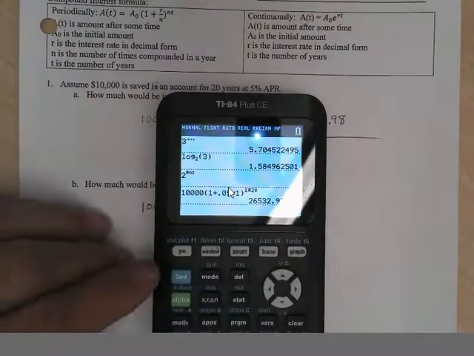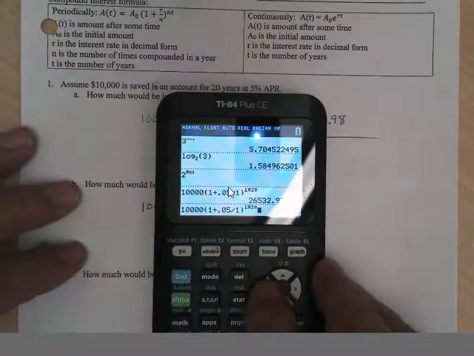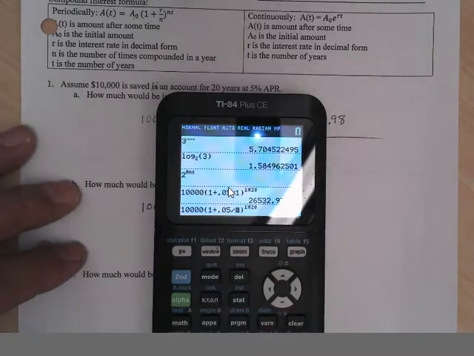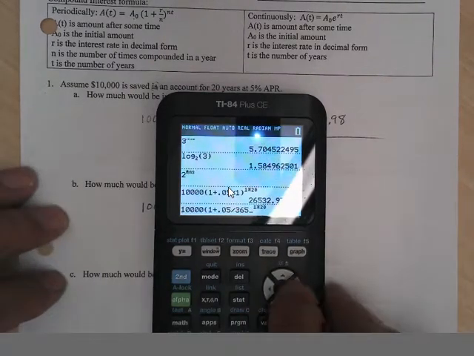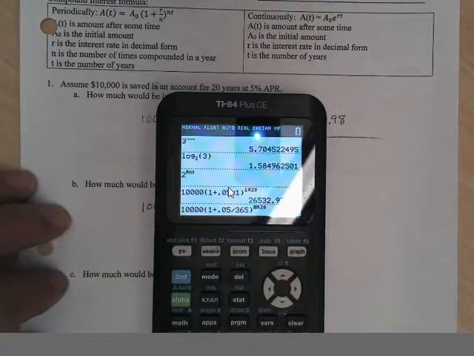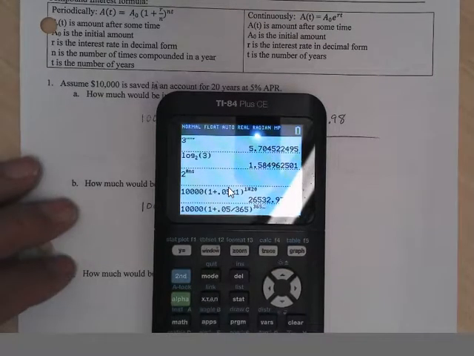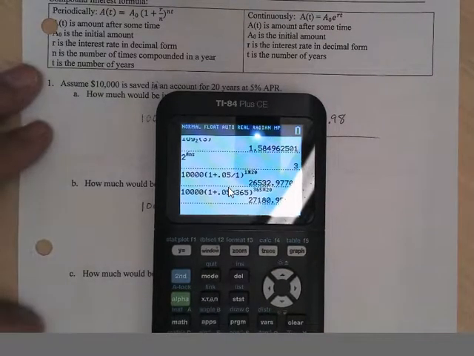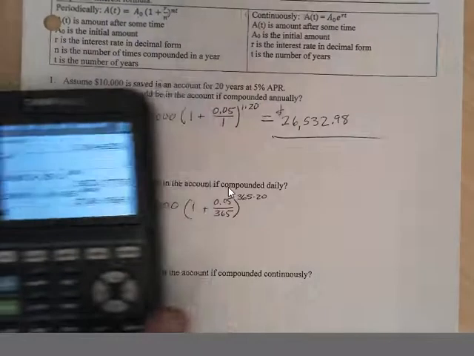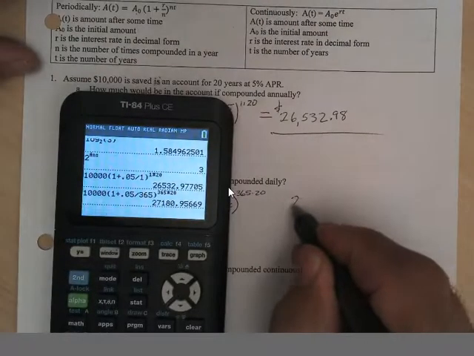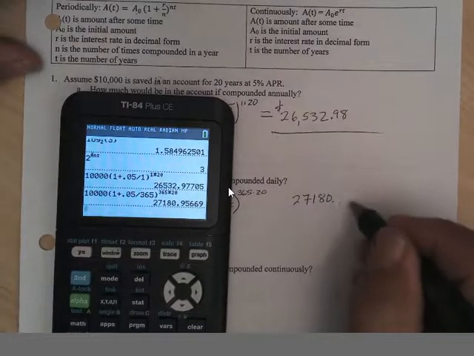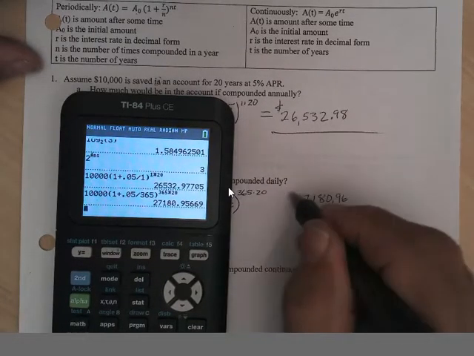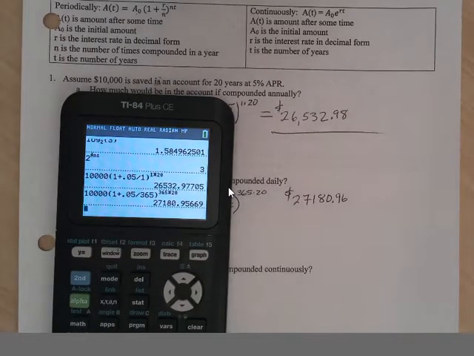So I can go back and change my 1 there to 365, press enter, and now I get more. We get 27,180. Again, we're talking money, so it'd be 96 cents, rounded off to the nearest penny.